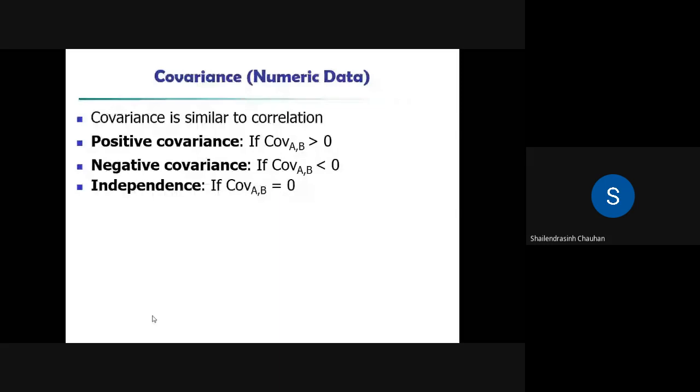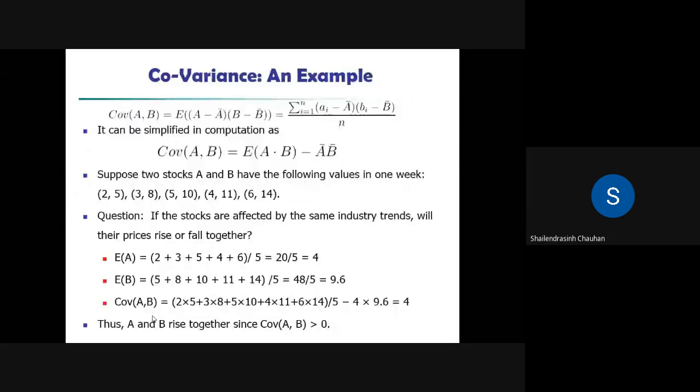Coefficient method. Now, the covariance that you will get, if it is greater than 0, then both are positively correlated. If you are getting negative covariance, then you can say that both the attributes are negatively correlated. If it is 0, then both are independent. And to find out covariance between attribute A and B, you can use this equation.